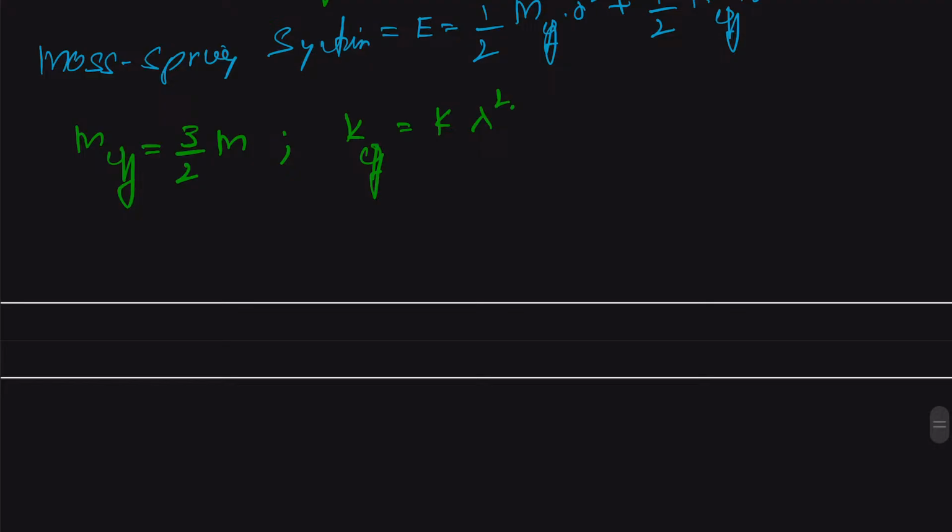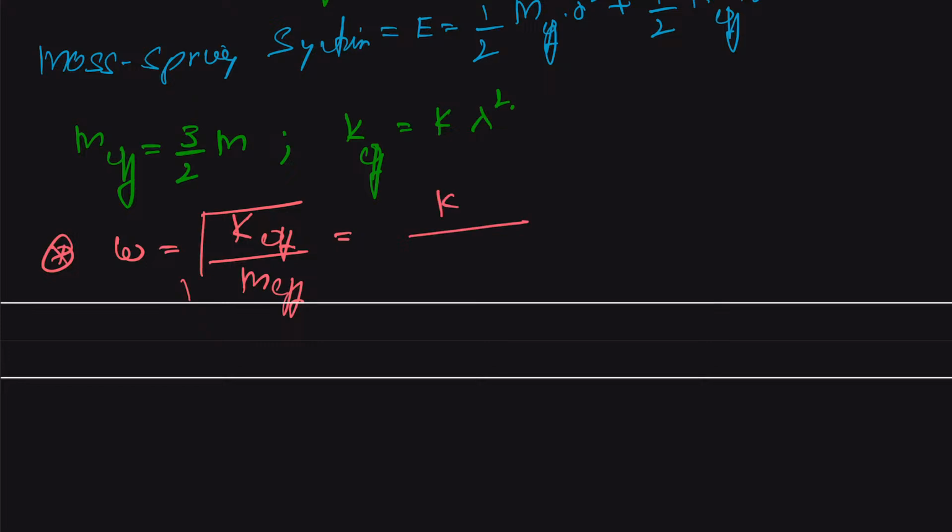And we know that our angular frequency is equal to the square root of the effective spring constant over the effective mass. So this comes as the square root of k lambda square over 3 by 2 m.